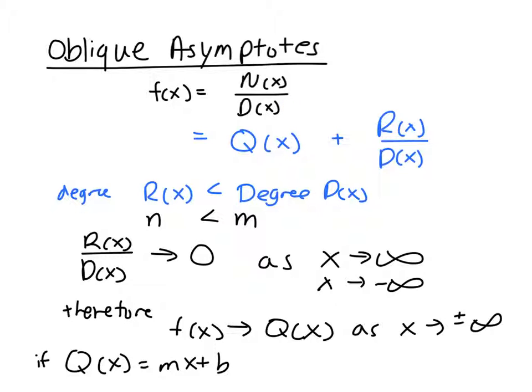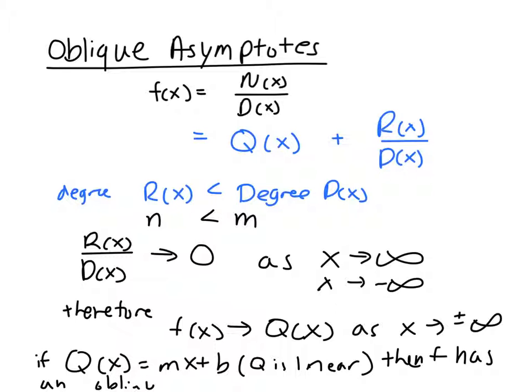If q is linear, then f has a slant asymptote, or an oblique asymptote.